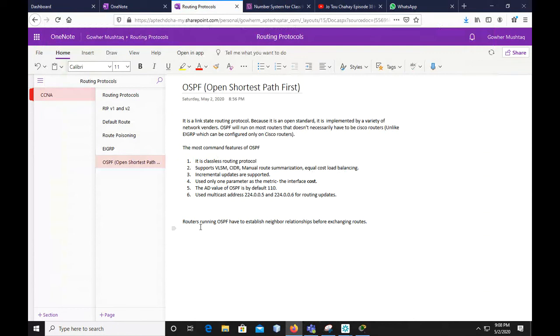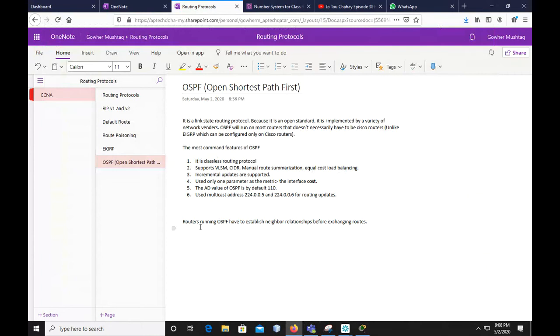Because OSPF is a link state routing protocol, neighbors cannot exchange routing tables. You understand? As I've told you what happens in distance vector protocols and link state. Instead they exchange information about the network. The entire network topology will be shared. That's the drawback of link state routing protocols, because they share the entire network topology with the neighboring routers.